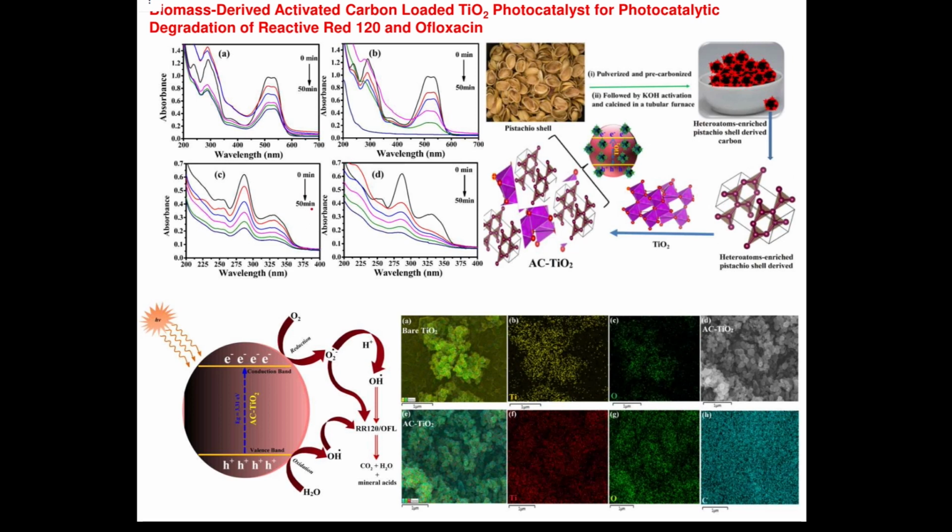So in this case, we chose one dye, rose bengal, and we chose one drug, ofloxacin, for the degradation. And here you can see this is rose bengal with pure TiO2, without the carbon deposition, in this plot. And here this plot is with the activated carbon TiO2 composite, and you can see the degradation was fast.